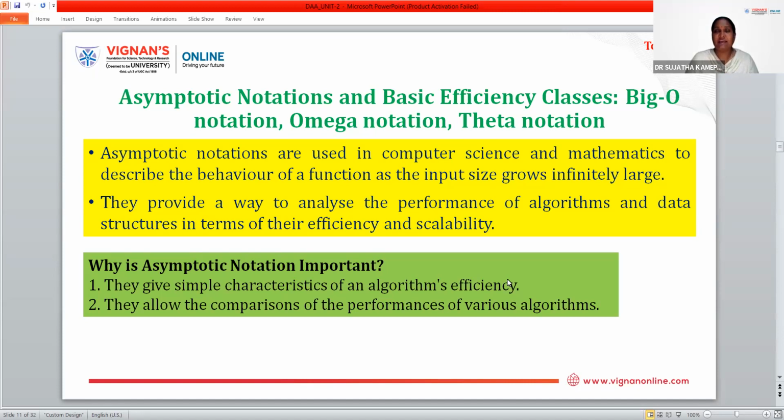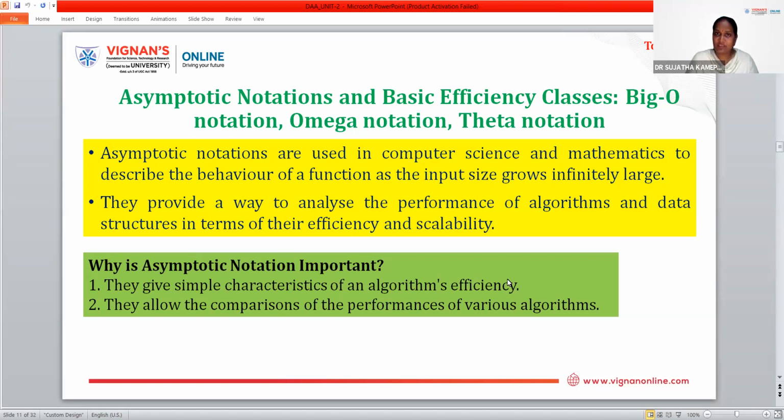So if the input size is increasing to infinity, how a function behaves, how the rate of growth in the execution of that function is, is to be provided by the asymptotic notations. These provide a way to analyze the performance of algorithms and data structures in terms of their efficiency and scalability.